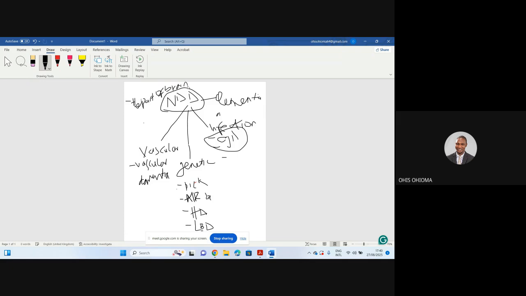For all of them, you need to know the part of the brain affected. The next thing you need to know is the symptomatology. The next is the cranial CT imaging.